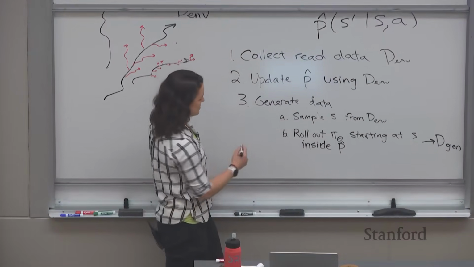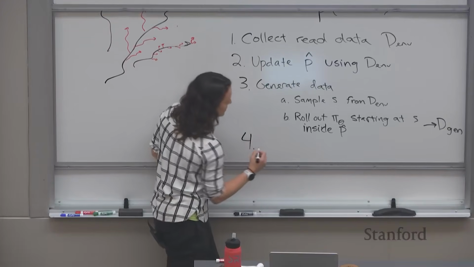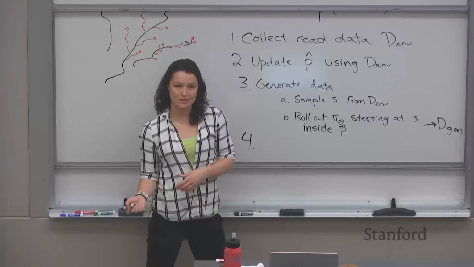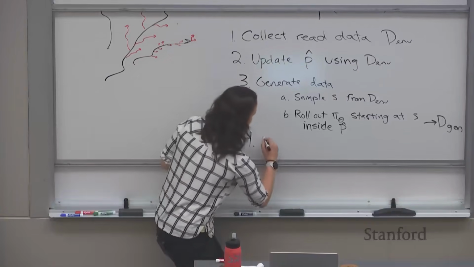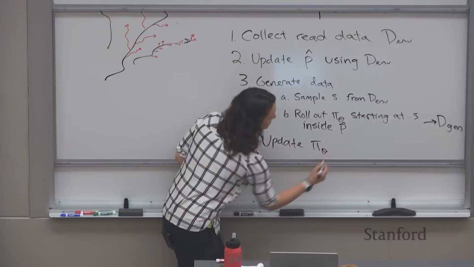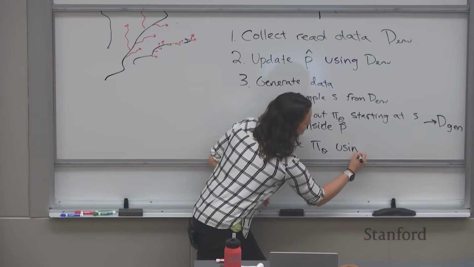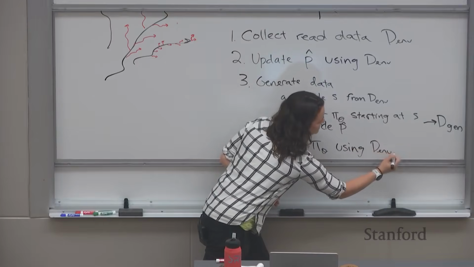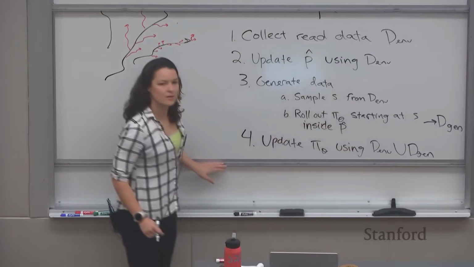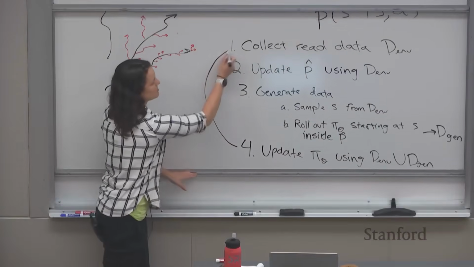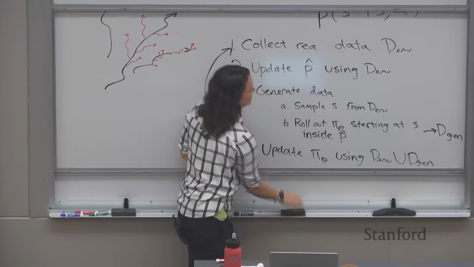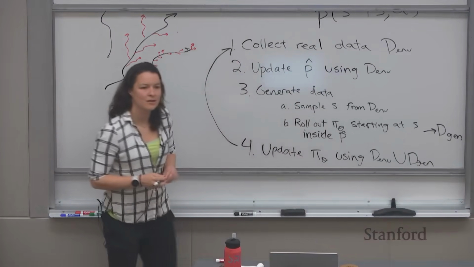And then at the end, you can simply update your policy, pi theta, using both the real data, D_n, and the generated data, D_gen. And then repeat this process. Whoops, I misspelled real.